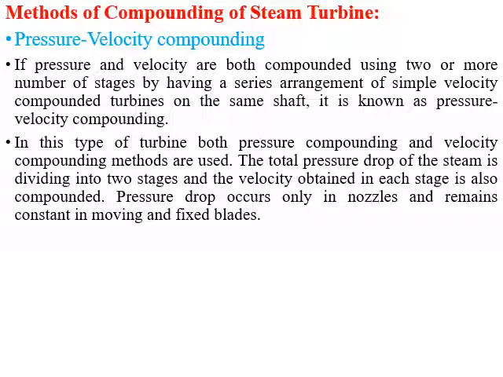The total pressure drop of steam is divided into two stages and the velocity obtained in each stage is also compounded. Pressure drop occurs only in nozzles and remains constant in moving and fixed blades.